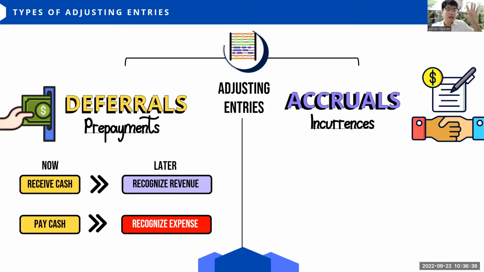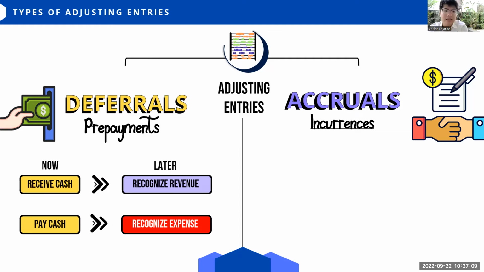Now you receive cash, and then later mo pa i-recognize yung relevant revenue in that particular cash transaction. Or you pay cash, and then later mo na lang i-recognize yung expense, right? Clear pa naman so far? Are there any questions? Okay. So clear tayo deferrals, prepayments. And prepayments, as the name suggests, nauuna palagi yung cash, right?